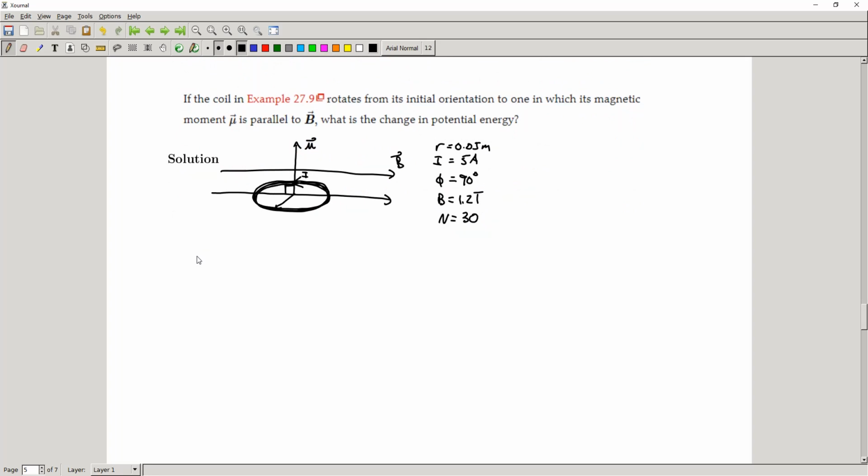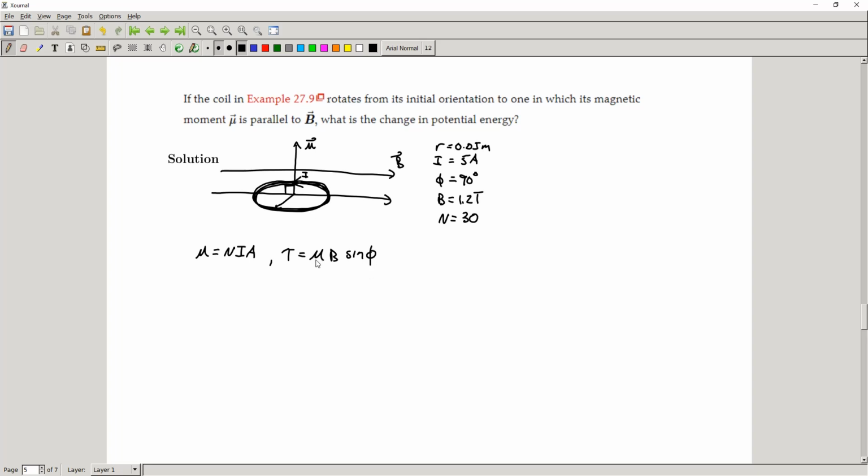We know that the magnitude of our magnetic dipole moment, or magnetic moment as they call it here, is going to be equal to NIA, right? We know that our torque is going to be equal to the... We could write this as a cross product, but we don't need to because we know what the angle is here, and so we can more easily write it like this, right?